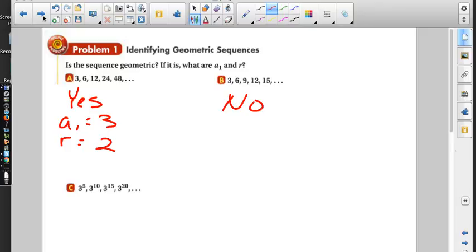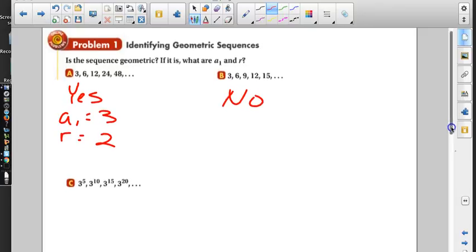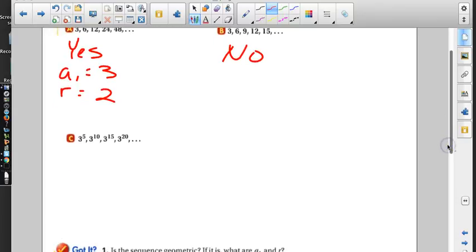Not geometric. C. 3 to the 5th, 3 to the 10th, 3 to the 15th, 3 to the 20th. Geometric? It is. What's the first term? Not 3.